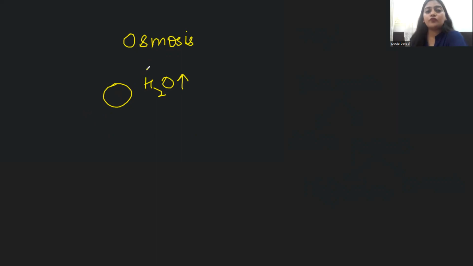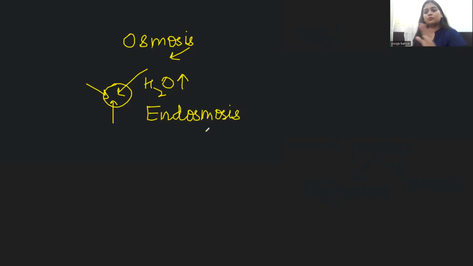So water will move from outside to inside. This type of osmosis is known as endosmosis. Very simple, it means movement of solvent molecules is happening inside the cell.